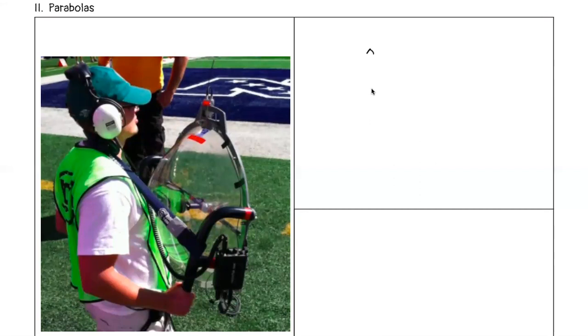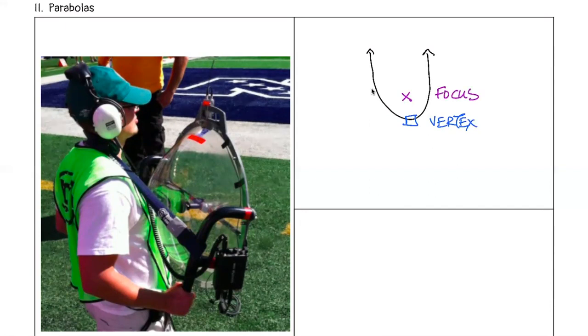So let's say we had this parabola, a few vocab terms that we could put on here. This point right here, the turning point, we call that the vertex. Now, inside the parabola, there is a focus.